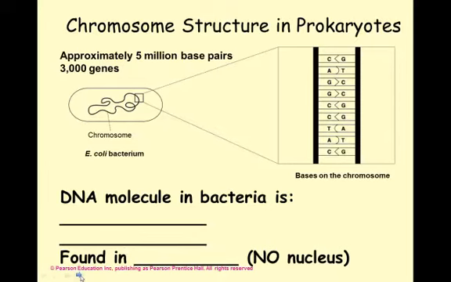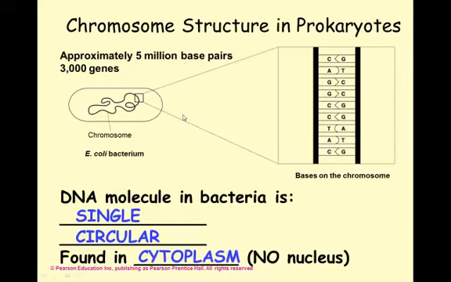Remember, prokaryotes have a single chromosome. It's a circular loop shape inside the cell. And remember, prokaryotes don't have a nucleus. They keep their DNA in the cytoplasm. No nuclear membrane in a prokaryote.